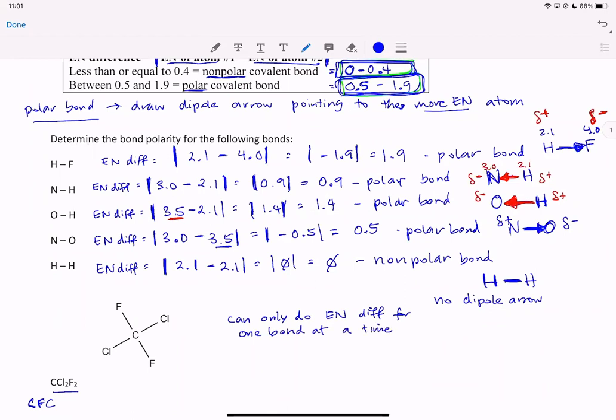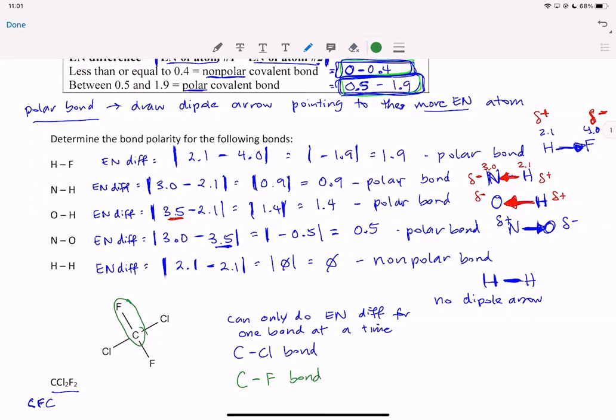Okay, so there are 4 bonds in here. So this is the carbon chlorine bond, and we can do the electronegativity difference of that. And it's the same as this other carbon chlorine bond. Okay, so that is going to be different from the other type of bond, which is a carbon and fluorine bond. So the carbon and fluorine bond, highlighting this in green, is a different bond. So this is a CF bond.